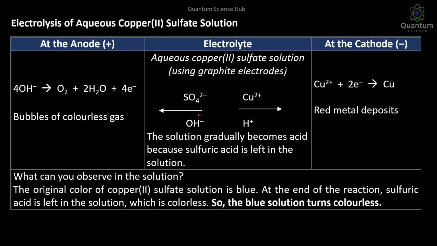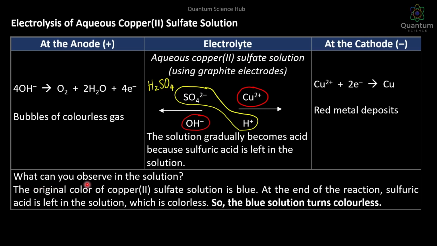Now please take a look here. Since we are taking OH negative and Cu2 positive, who will be left in the electrolyte at the end? It is SO4 2 negative and H positive. What is this? This is H2SO4, which is sulfuric acid, right? So the solution gradually becomes acidic because sulfuric acid is left in the solution.